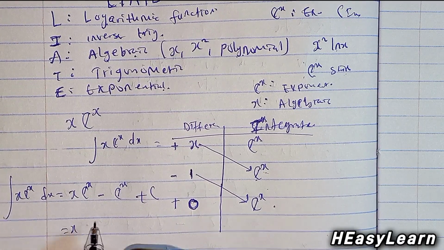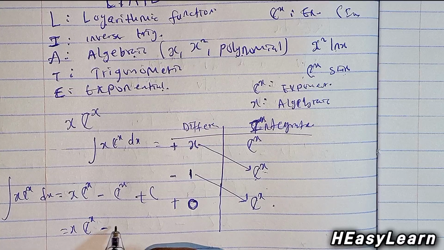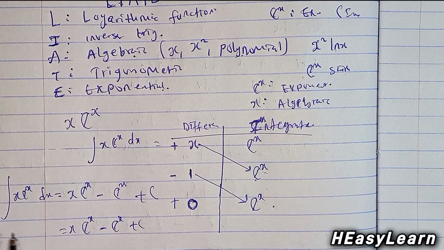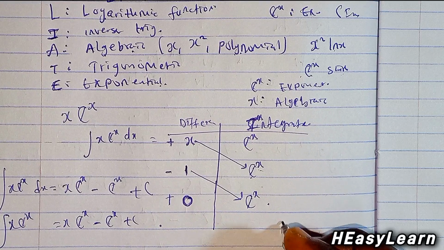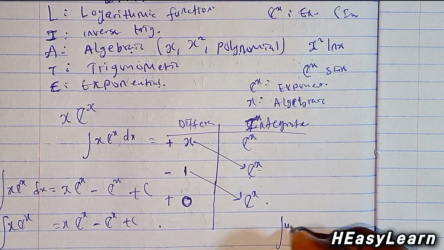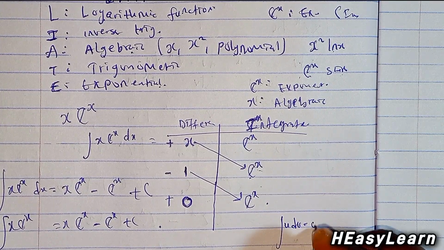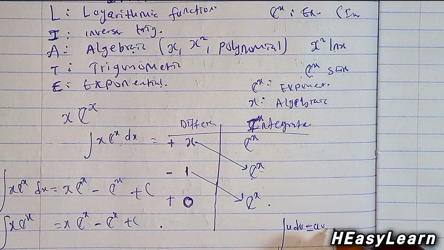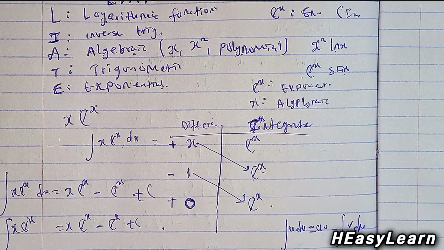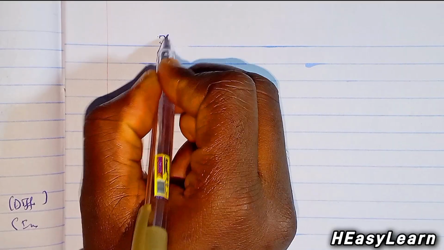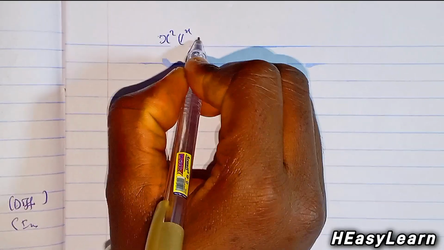This is the integral of x exponential x using the table, which is the same thing as when we use the formula integral of u dv equals uv minus the integral of v du. Find the integral of x squared exponential x.